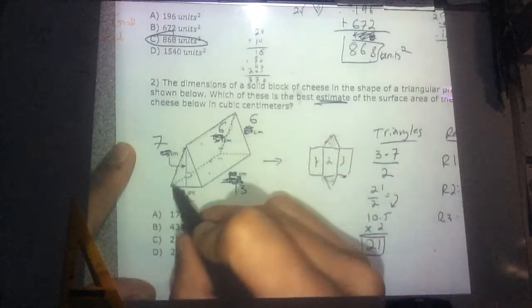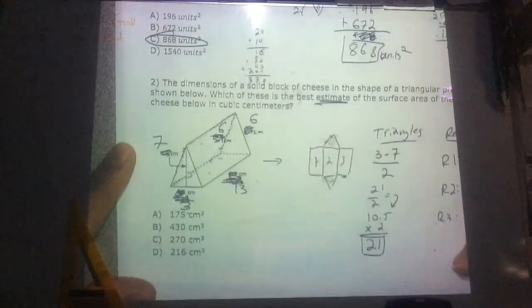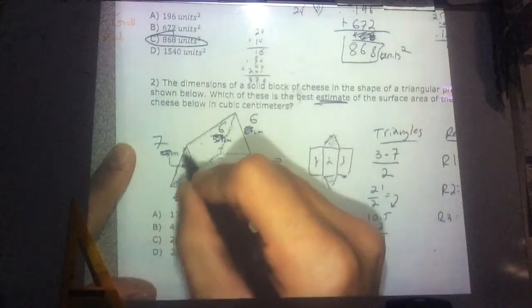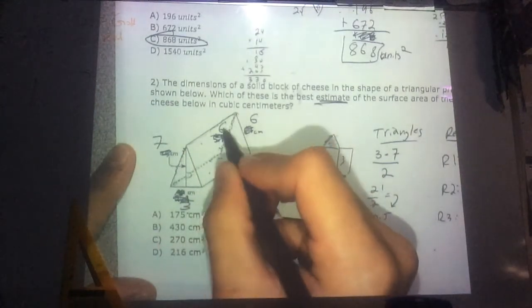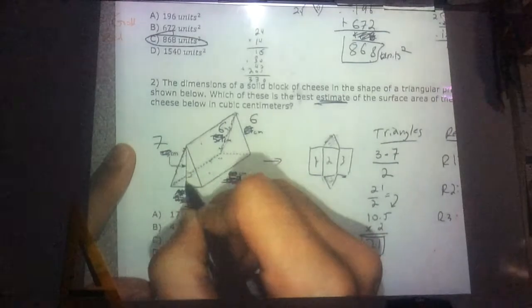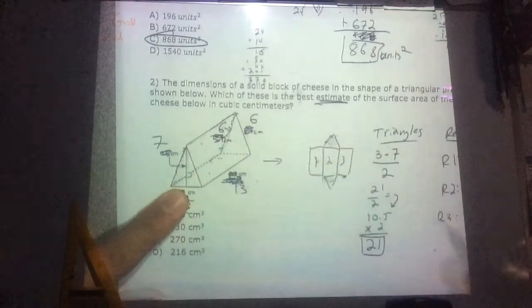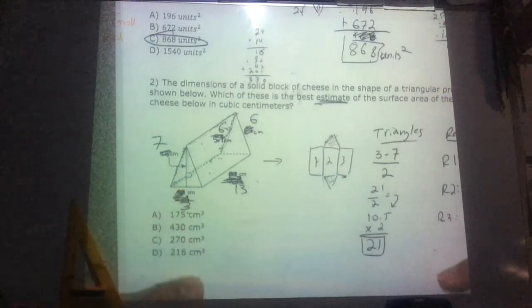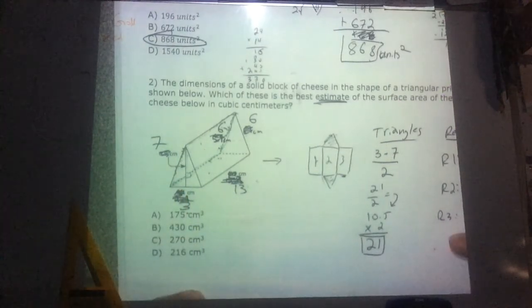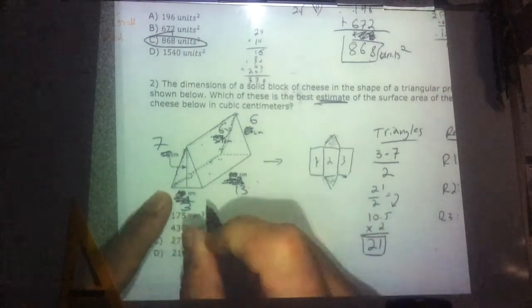All right, so the length is 13, and the width here is 6. The 7 is the height of the triangle. It's not any measurement of this rectangle. So it's going to be 13 times 6.